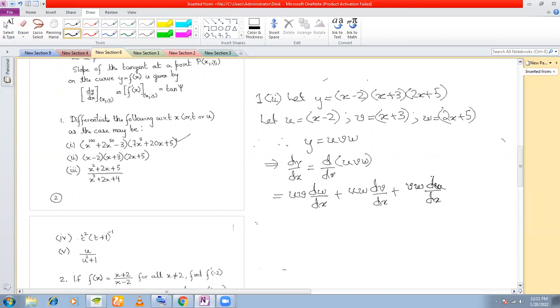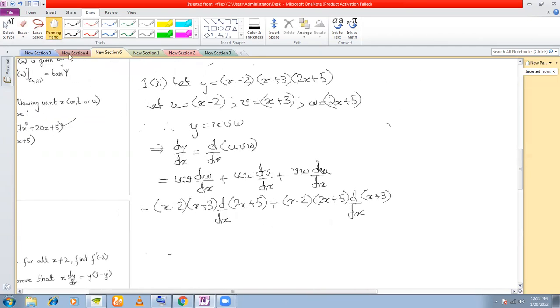Okay, so now put the values here. UV is x minus 2 into x plus 3, into the d/dx of 2x plus 5. Take the first and the third, x minus 2 into 2x plus 5, into d/dx of x plus 3.